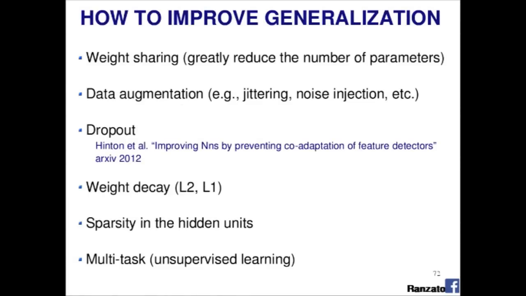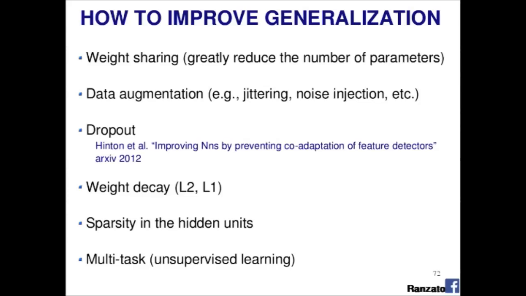Ways to improve generalization. Of course, you reduce the number of parameters if you can by sharing weights. That's a great way. If you know also how things transform, how the patterns in the input transform, you can augment the data so that you get a much larger training set. You can inject noise in the input as well as in the hidden units.